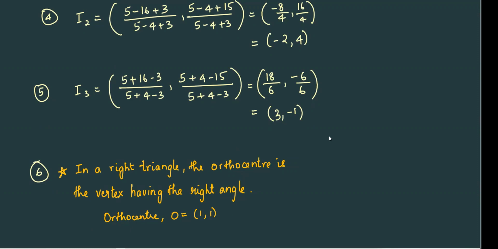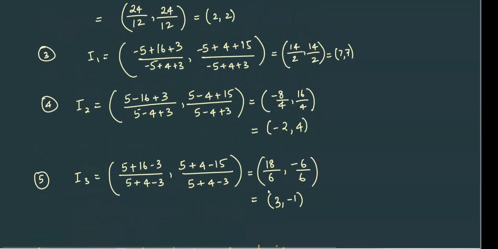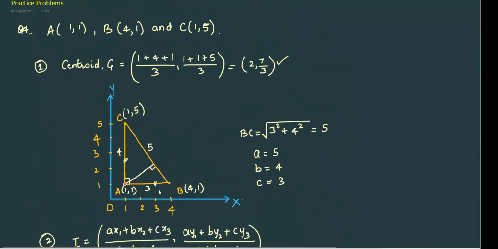So the sixth question, both of you have missed this one because this is a logic question. First, we should ascertain that this is a right angle. That's why it is helpful to visualize the problem. We can just use the coordinates (1, 1), (4, 1), (1, 5) and just use the formula.